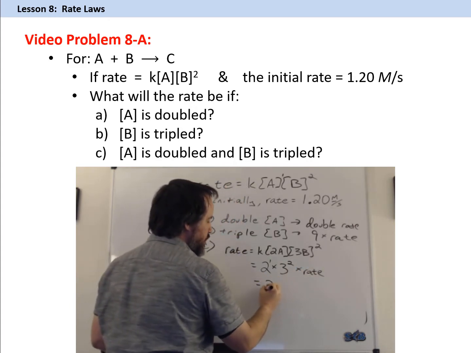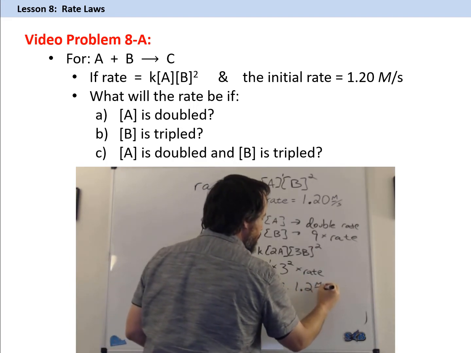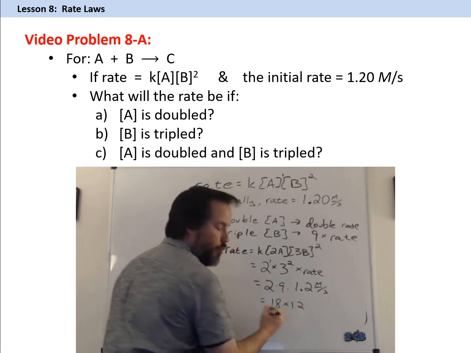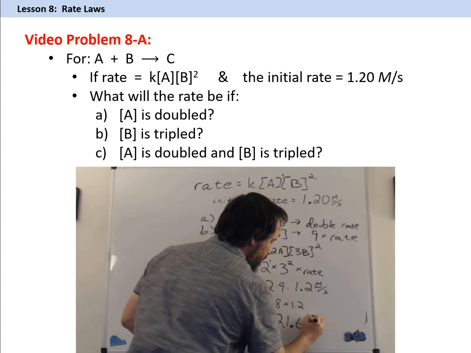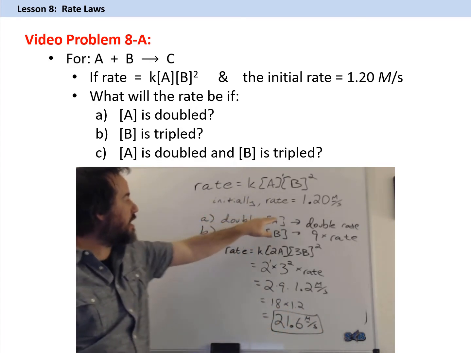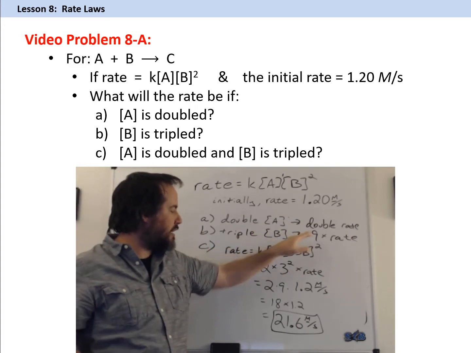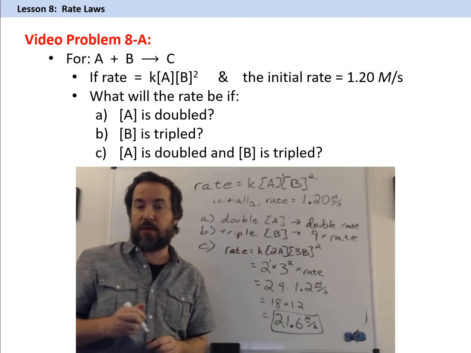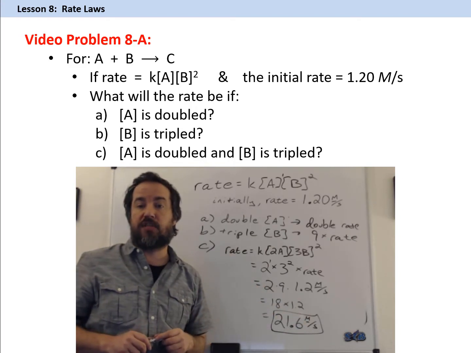So that'll be 2 times 9 times 1.2 molar per second, or 18 times 1.2, which will give me 21.6 molar per second. Okay? So if I double it and it's the first power, it doubles. Second power, tripling will 9 times. And if I do both, I get both happening. So it goes up to 21.6. Notice rate is always in molarity per second.